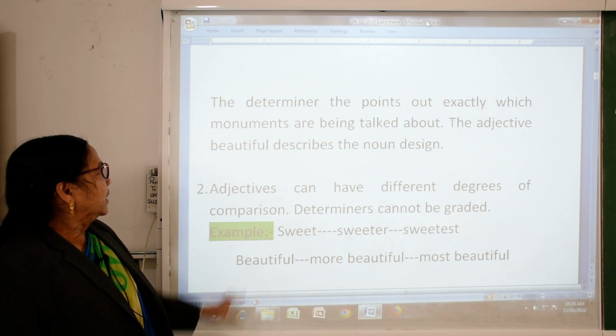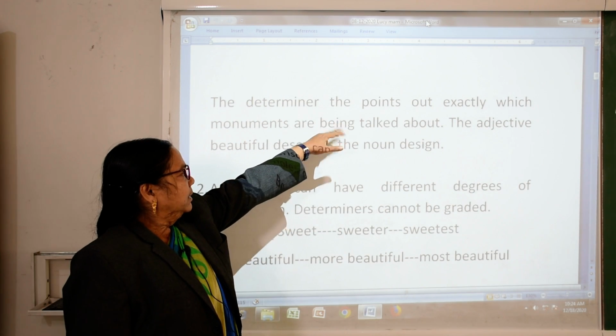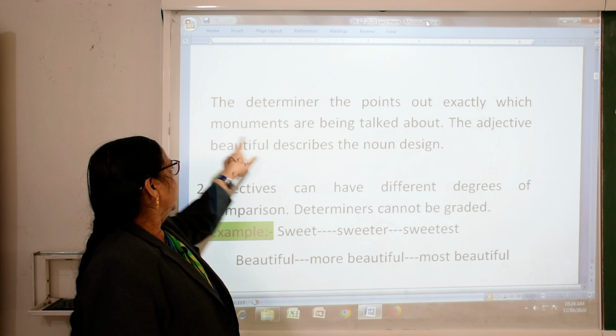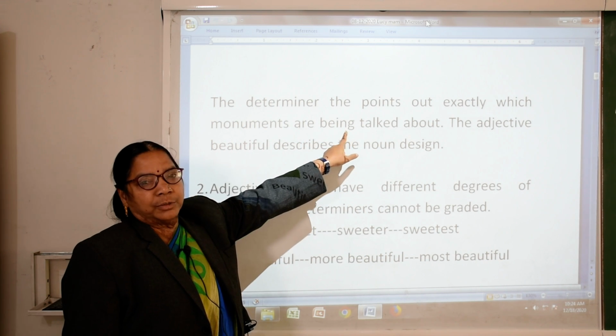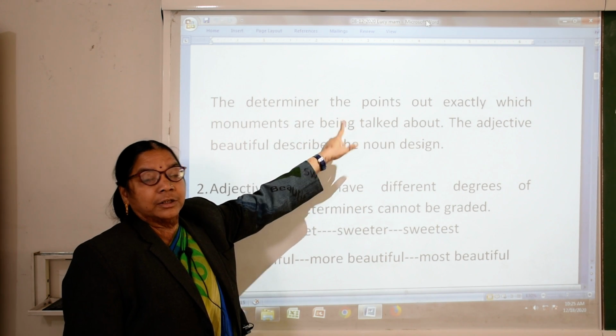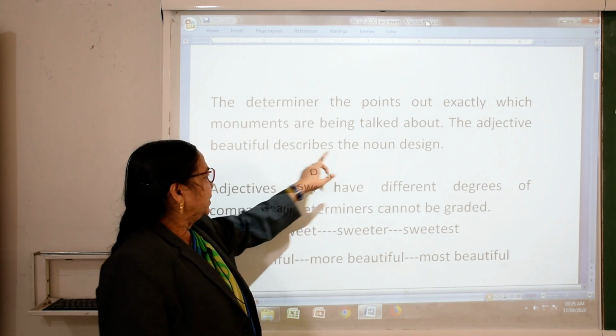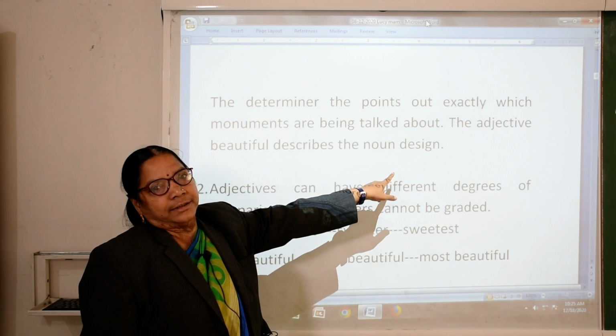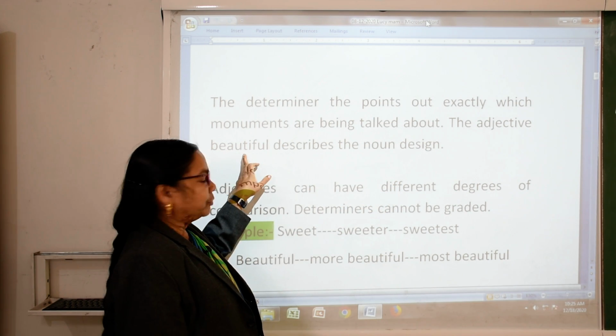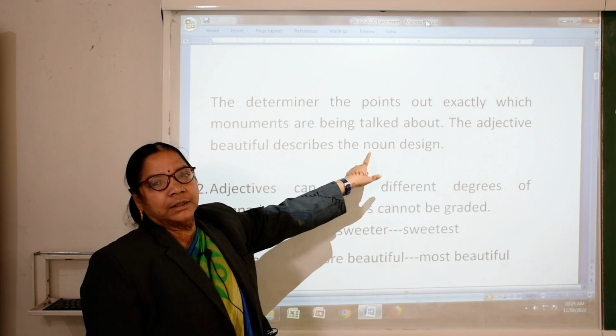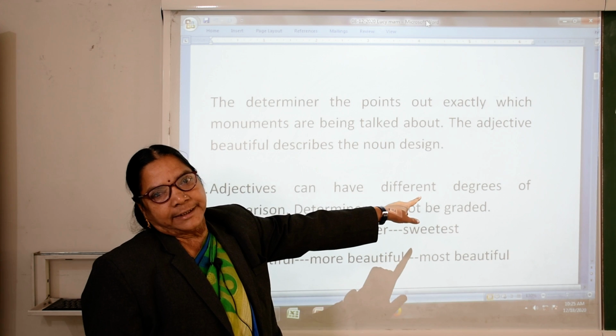Now here the determiner points out exactly which monuments are being talked about: the monuments of Delhi. And the adjective beautiful describes the noun design.